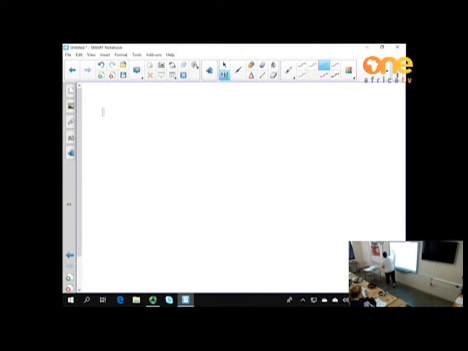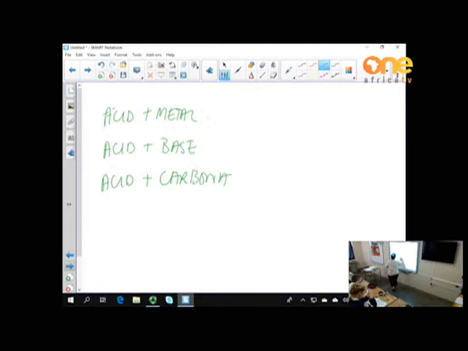So, for example, an acid plus a metal, an acid plus a base, an acid plus a carbonate. Now we can add other salts together as well, and it can react and form something new. We'll have a look at that right at the end. But just very basically, in all of them, the product is a salt.